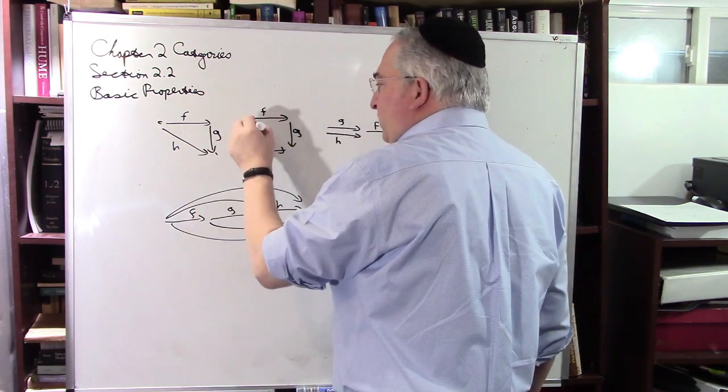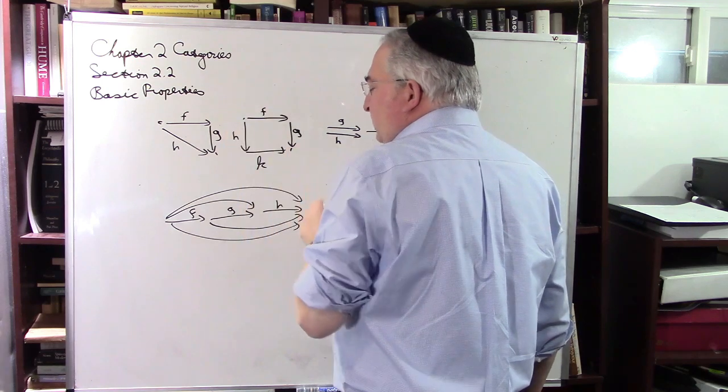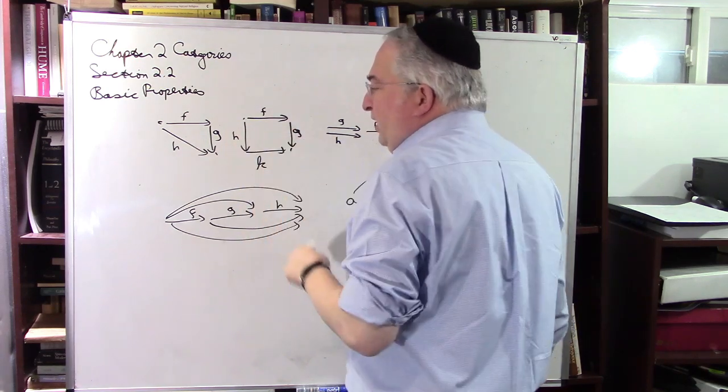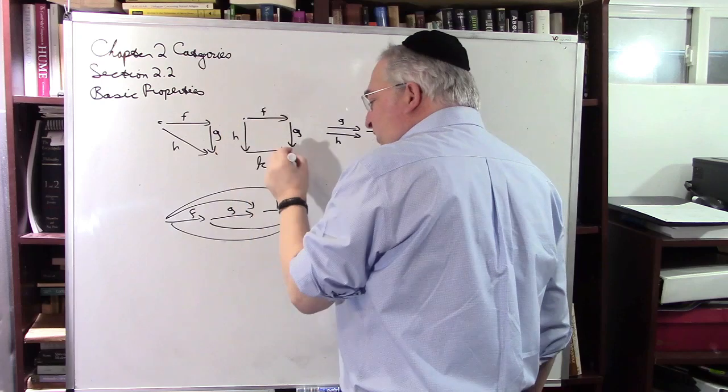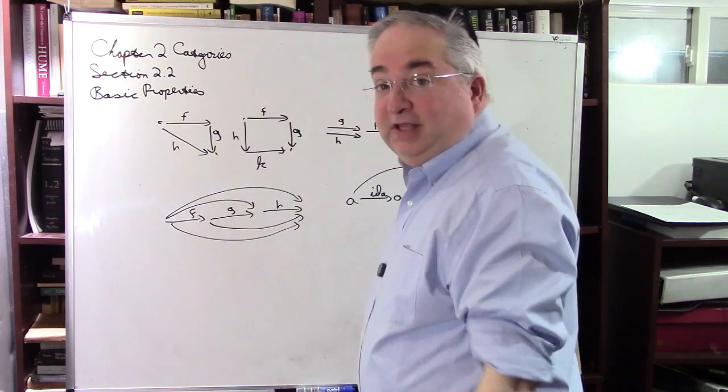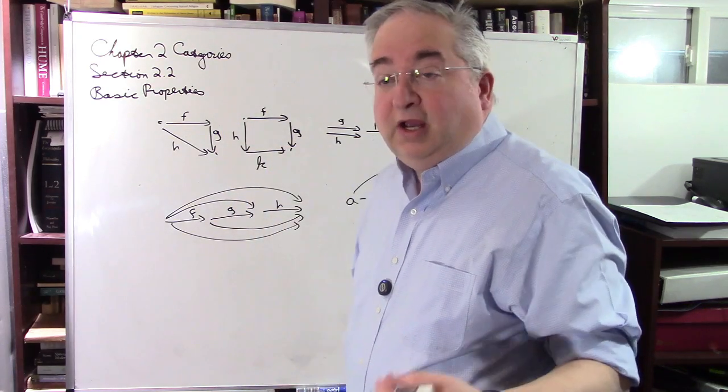Same thing here. Start here and here, there are two different paths. If you compose this map, you get the same thing. It's the same map as that map. So that's what it means for a diagram to commute.